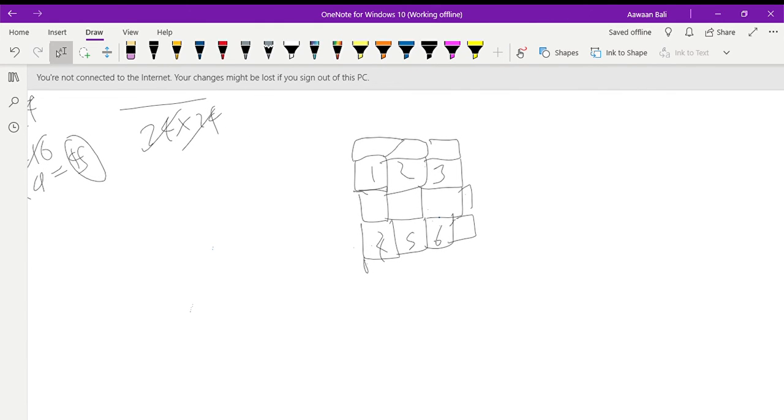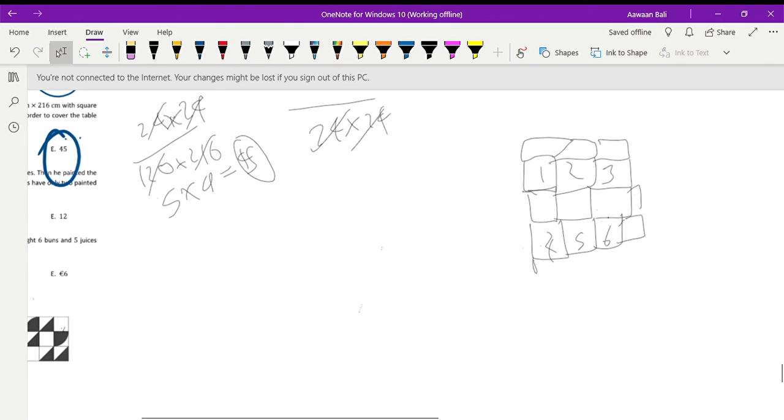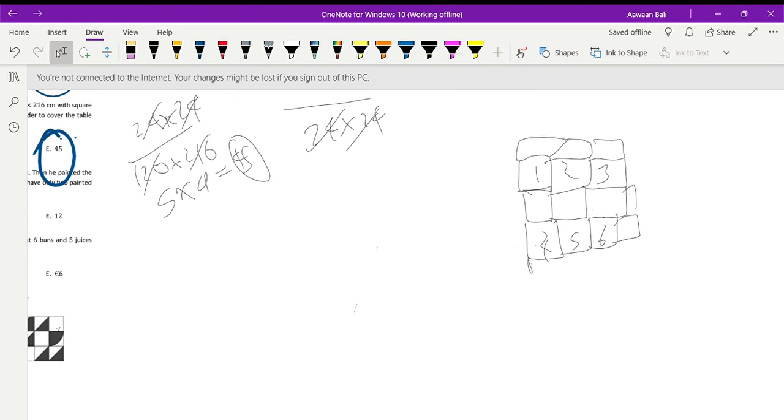There's a big problem then. Sometimes you can get confused because these 4, 5, and 6, like 4 and 6 are actually colored on 3 sides. Same with 1 and 3.